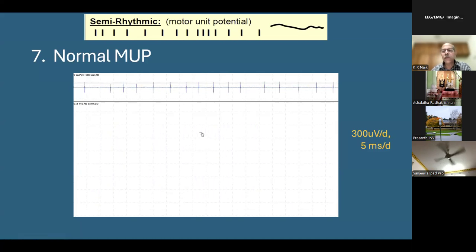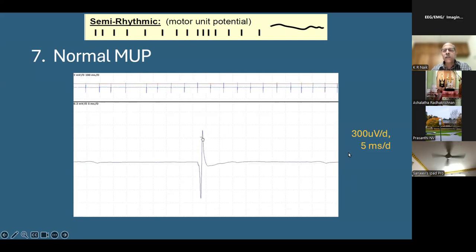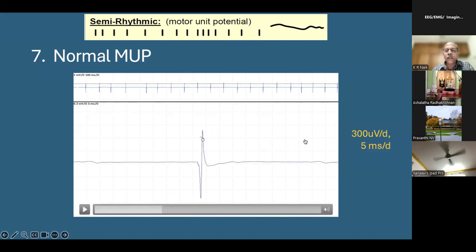So the firing rate is not more than 10. If this had occurred more than 2 times in this 100 milliseconds, firing rate would have been more than 10. Less than that, it's either 10 hertz or slower than that.